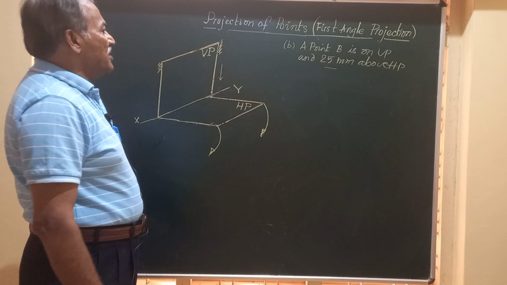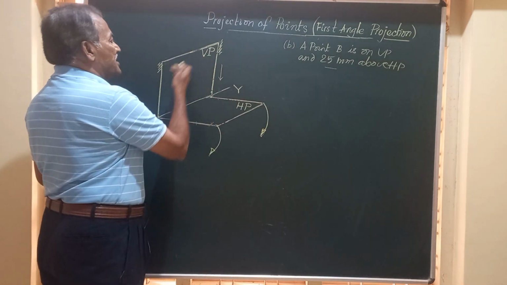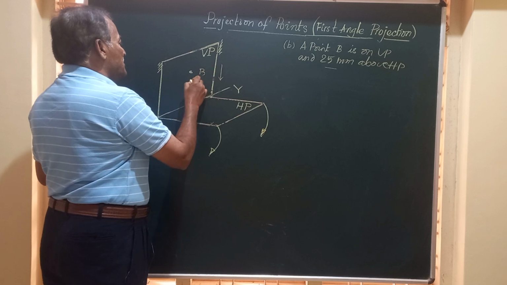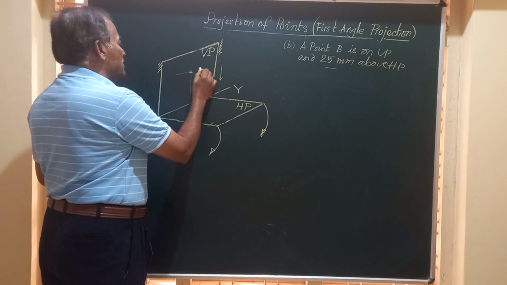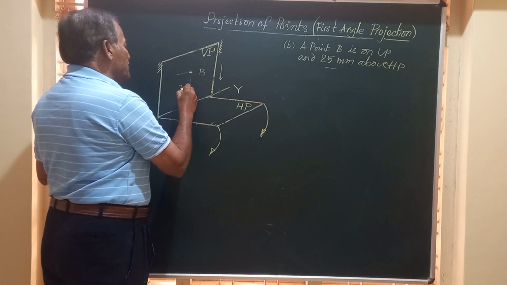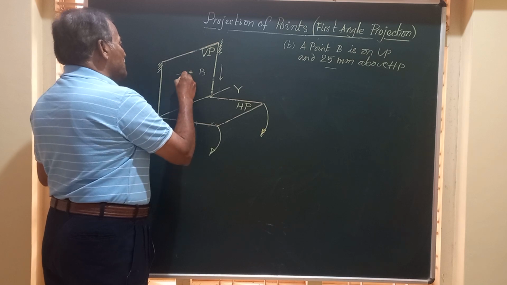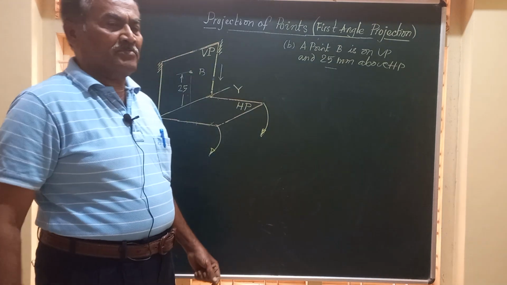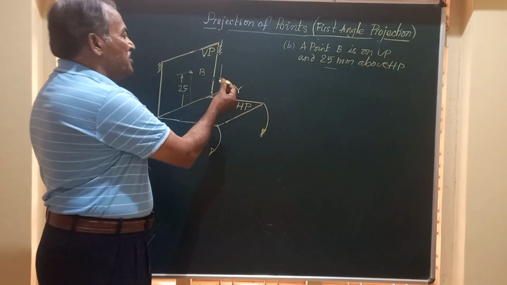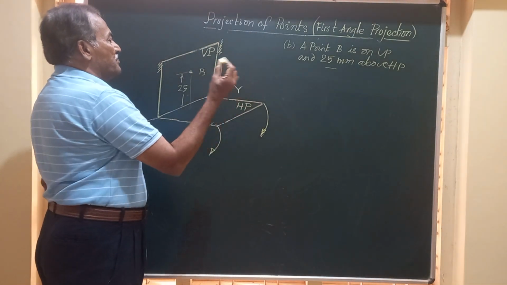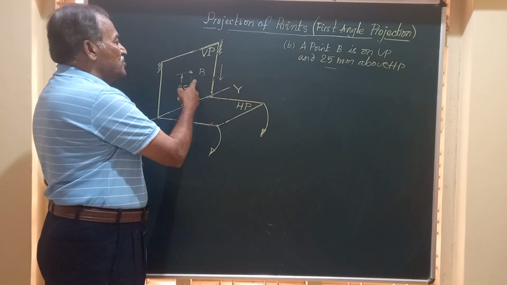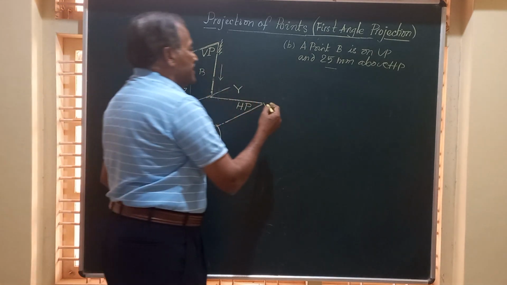Friends, you have got this point B on VP, on this vertical plane. Suppose I call this point B. This is at a vertical height of 25 millimeter from HP. So what happens, friends, when you view this point perpendicular to VP, you get the shadow of the front view coinciding with the point.